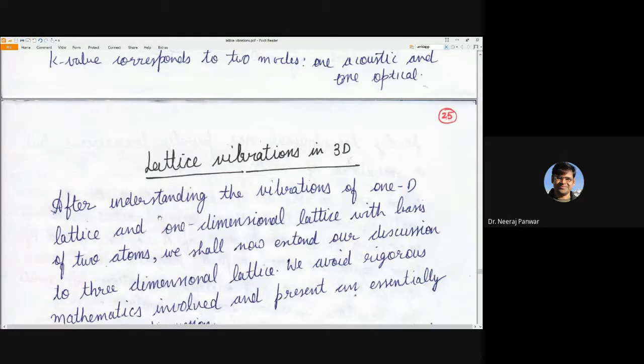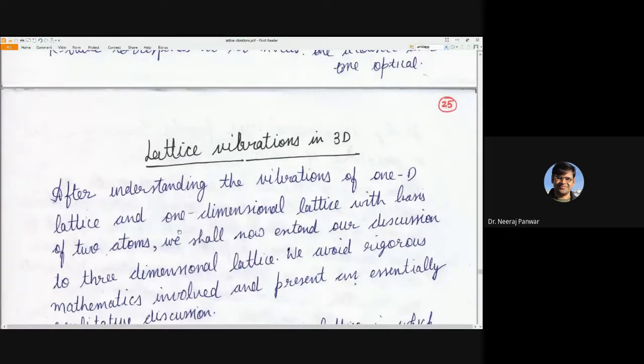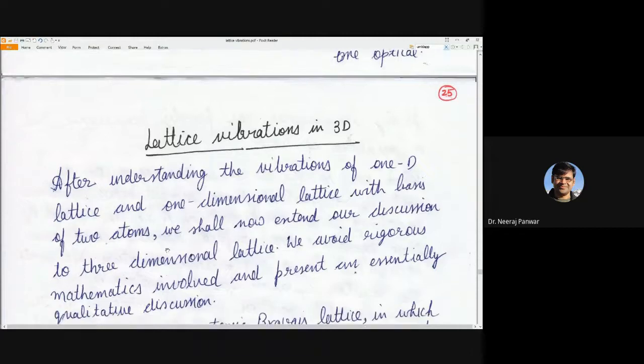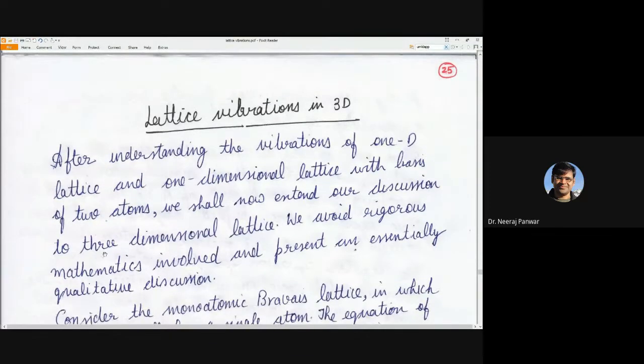After understanding the vibrations of a one-dimensional lattice and a one-dimensional lattice with a basis of two atoms, we now extend our discussion to the three-dimensional lattice. And as I told you, we will avoid rigorous mathematics. We will try to understand the things only qualitatively.